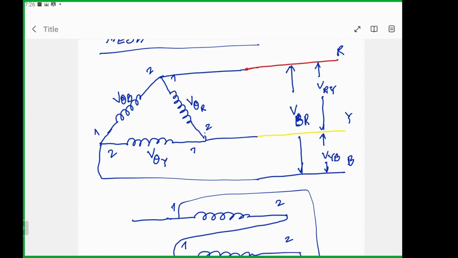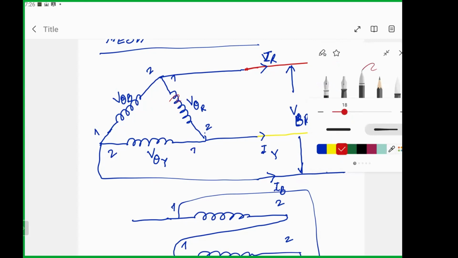And the current that is flowing would be this one: IR, IY, and IB. Now, for the phase current, we'll take a different color.